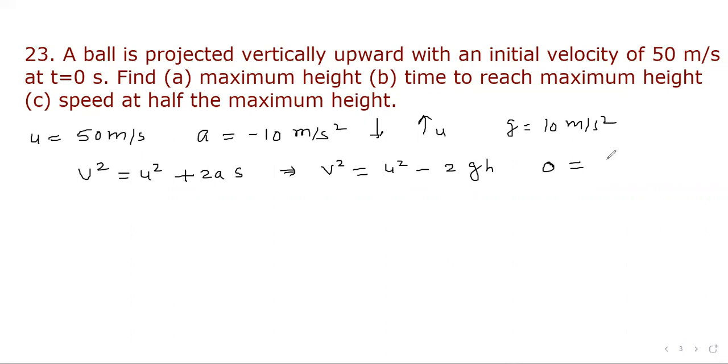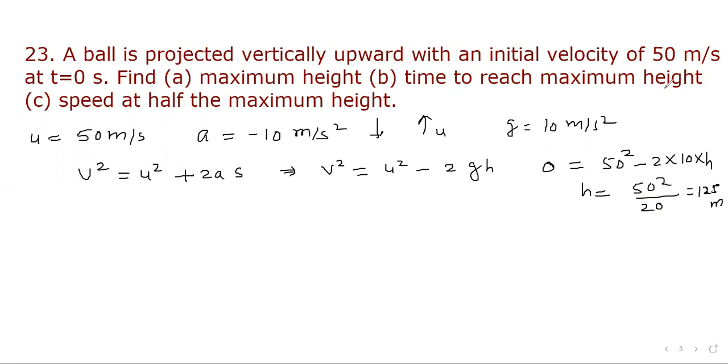Initial velocity is given as 50. So 0 equals 50 square minus 2 into 10 into h. So h will become 50 square divided by 20. That will be 125 meters. Now, final velocity becomes 0.